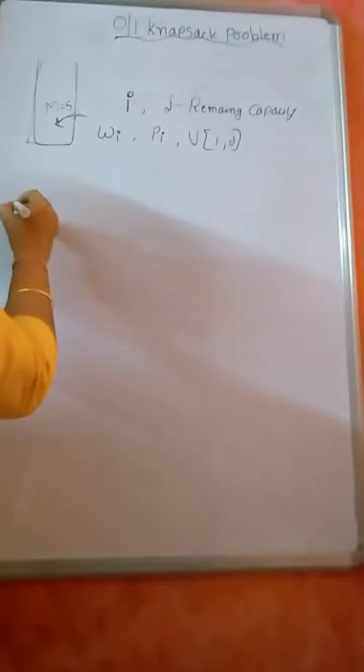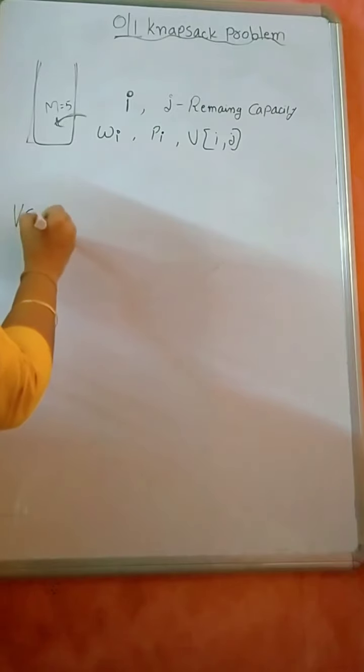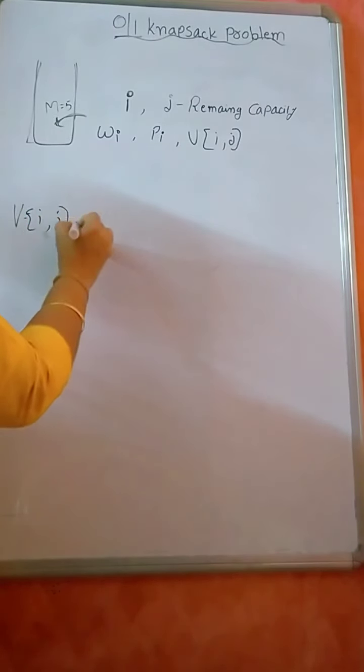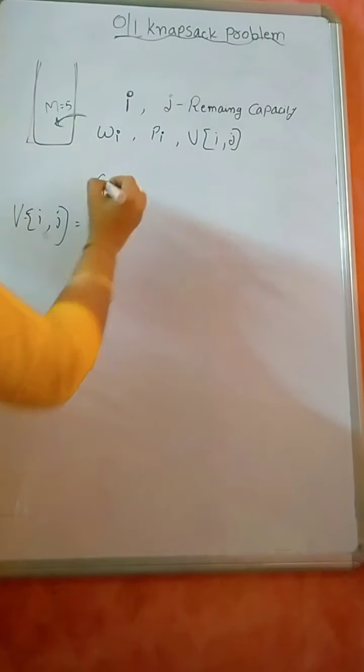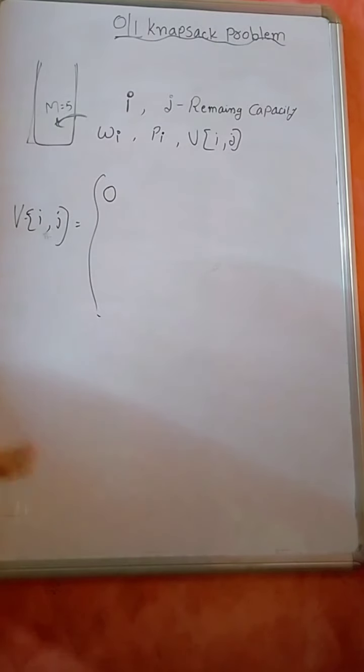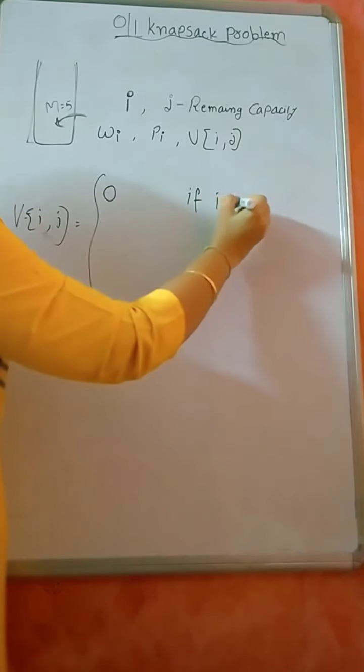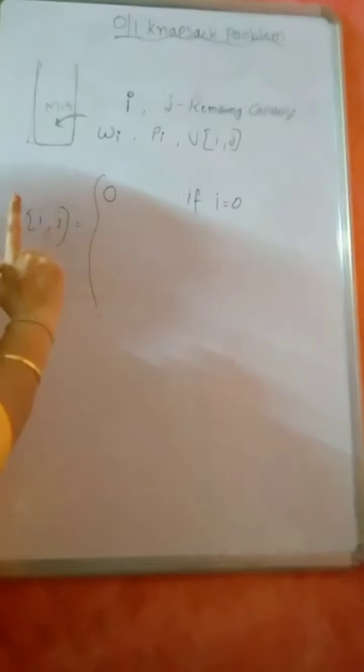Now V of i,j is 0, meaning the profit is 0, when there are no objects, or when there is no knapsack.